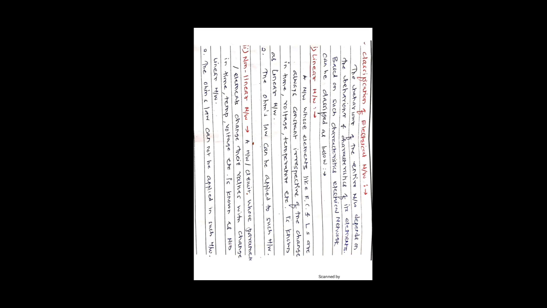The behavior of the entire network totally depends upon the behavior of the circuit elements and their characteristics. Based on such characteristics, electrical networks can be classified into different types.